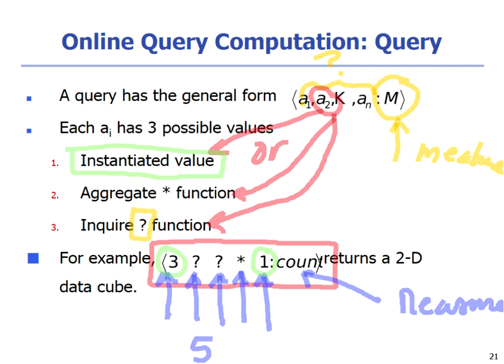Okay, and the fourth is irrelevant. For example, let's represent the fourth by blue. The fourth is irrelevant. That means for the result of this query, we don't need the fourth dimension. For this reason, in our query we note this dimension by a star. Is it clear?